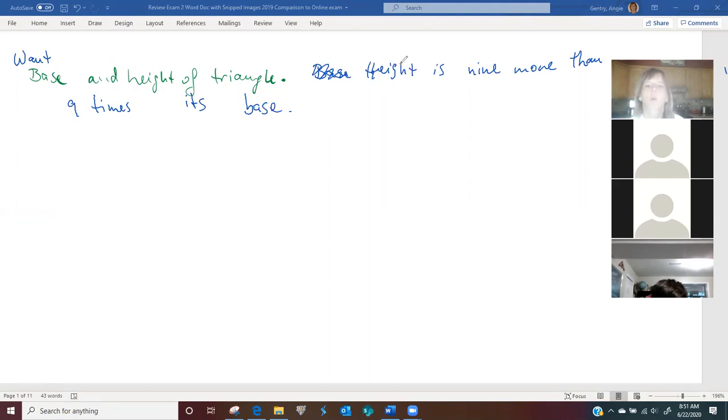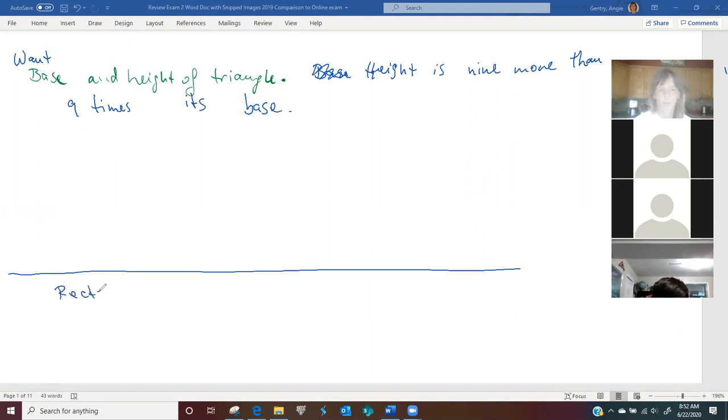Okay. So I want you to look at this. This is a little different. Let me do something first. Something that's a little more basic, okay? So I'm going to say same thing, like represent it. Let's use a rectangle. And we're going to say, I want you to represent the base and height of a rectangle, or the length and width, right?